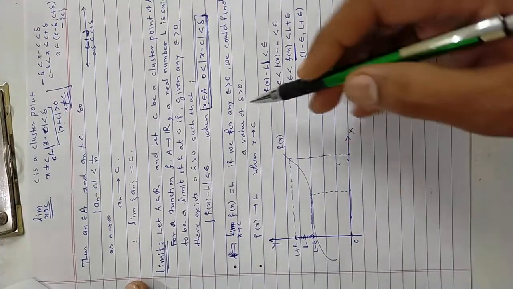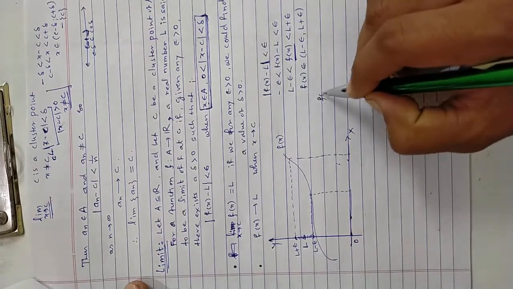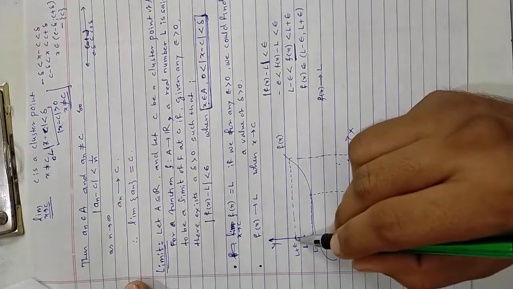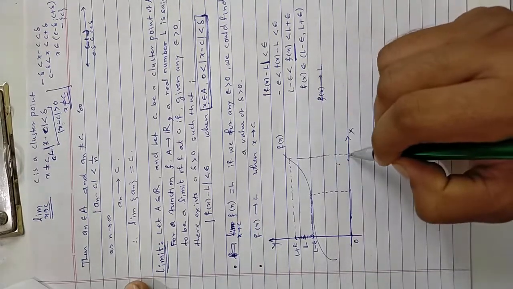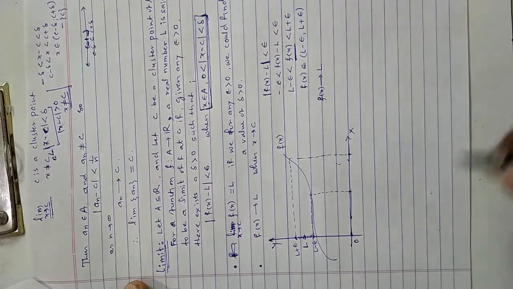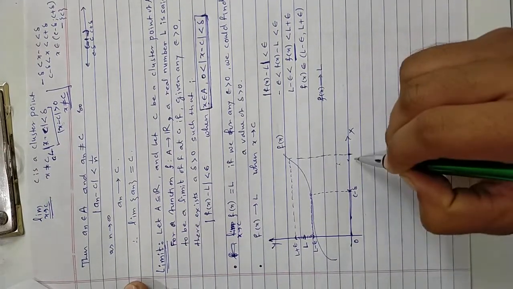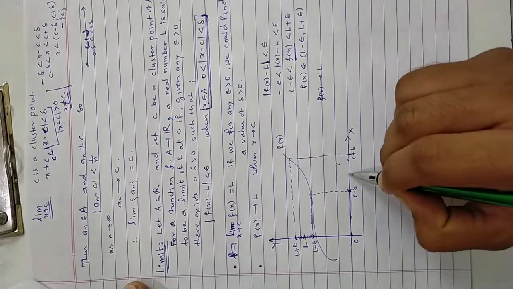So for fx to have limit L, it means we have to find, for any epsilon greater than 0, a delta. We have to find a delta, that means we have to find this delta neighborhood, C minus delta and C plus delta.